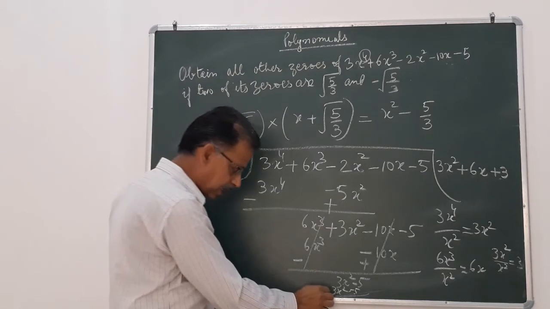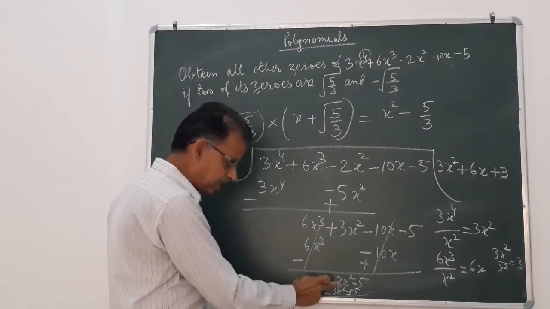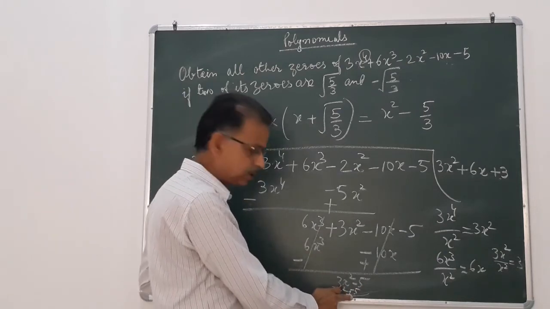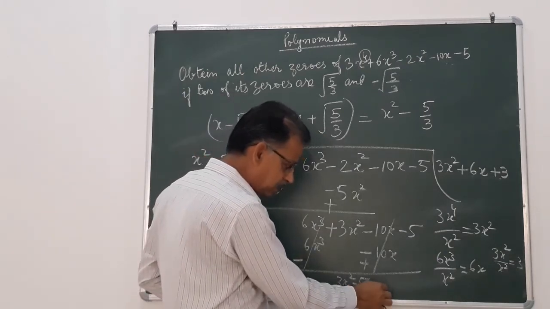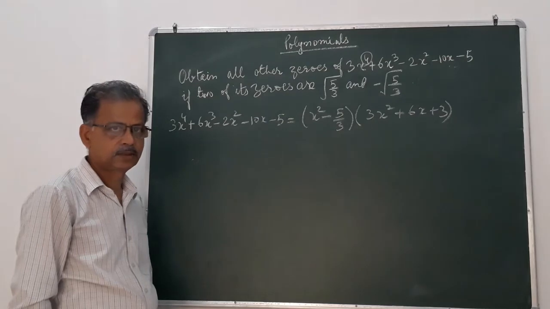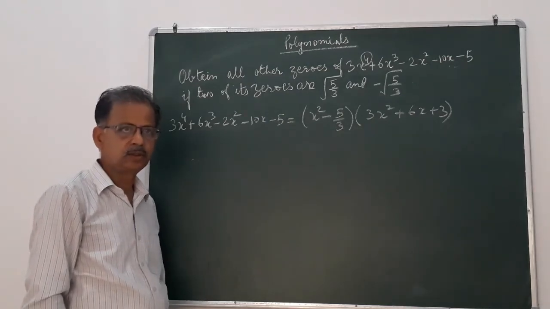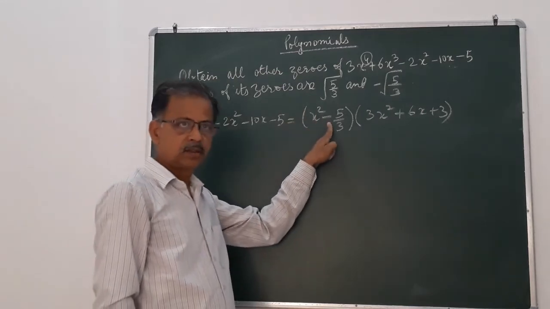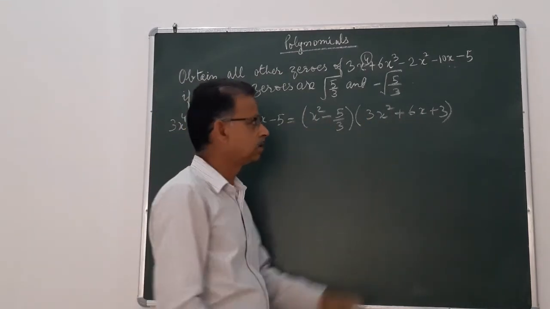Now we change sign and 3x square minus 3x square, sum is 0. Minus 5 plus 5, sum is 0. It means remainder is 0. Since remainder was 0, so we can write dividend is equal to divisor into quotient.